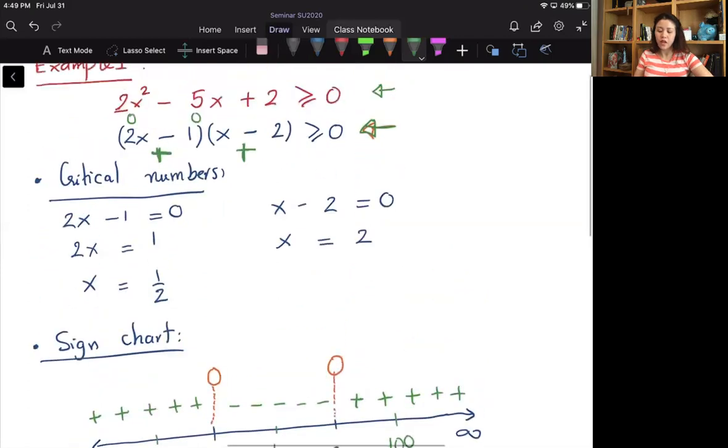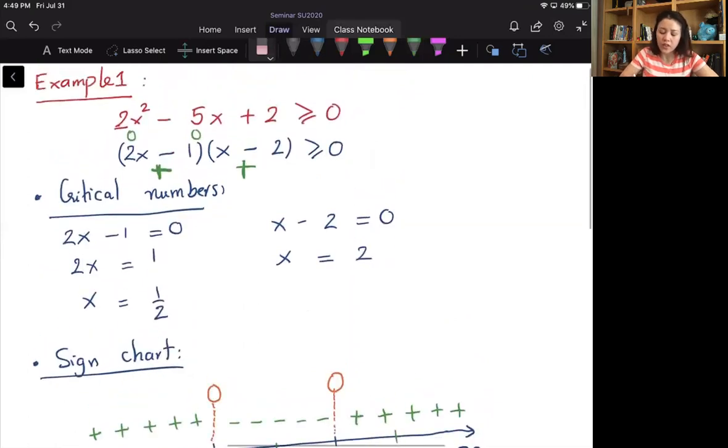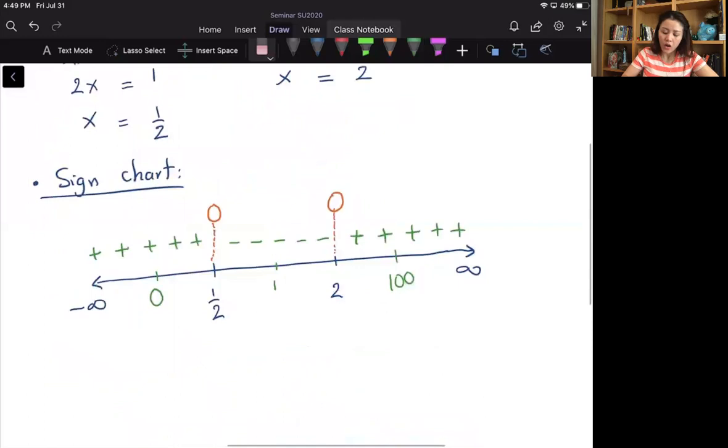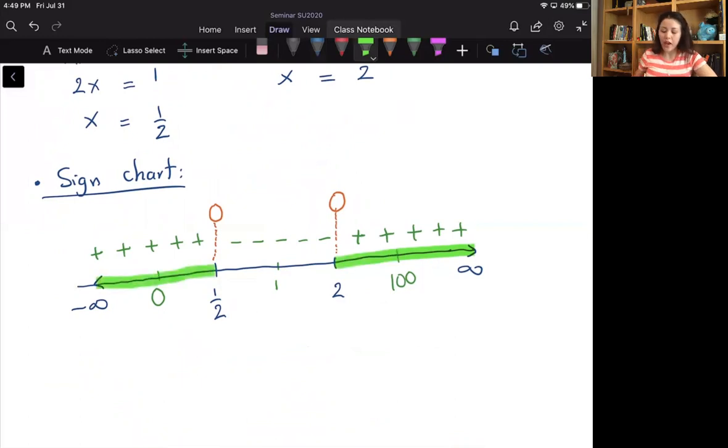Okay. Now remember, we want to find all the solutions where the quadratic is bigger or equal to 0, right? So when we look at the sign chart, we want to pick the regions where it is positive. So from the sign chart, I can see that at these 2 wings here, I have all the values that are positive, right?